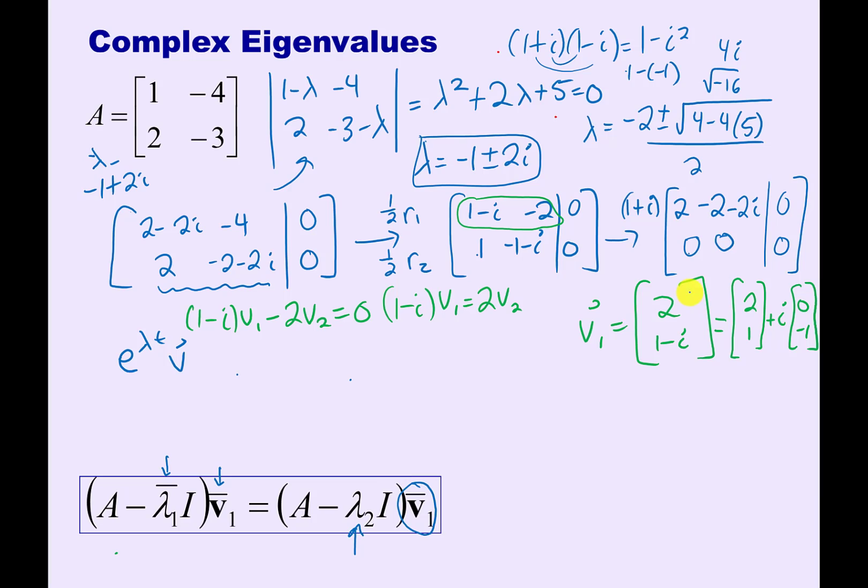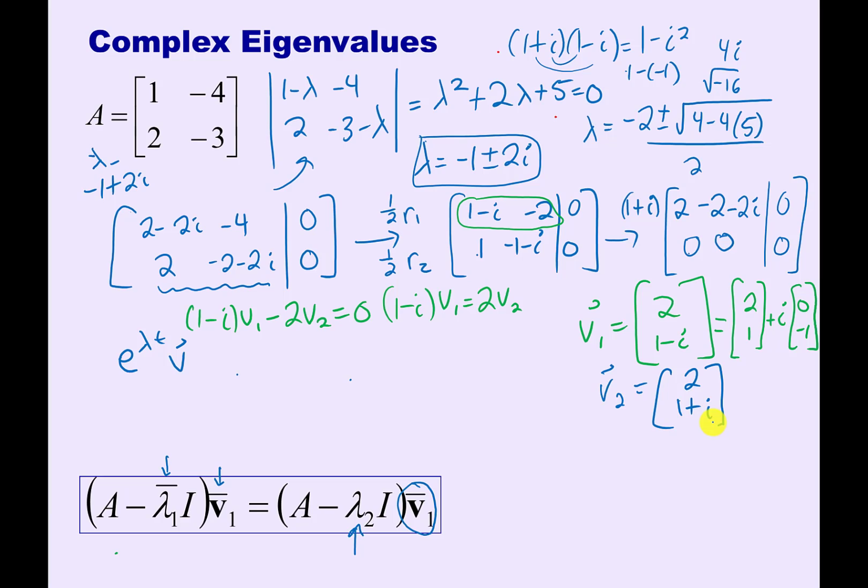So if we needed another eigenvector for the second one, we could do 2, because the conjugate of 2 is still 2, and 1 plus i, because that's the conjugate of 1 minus i.